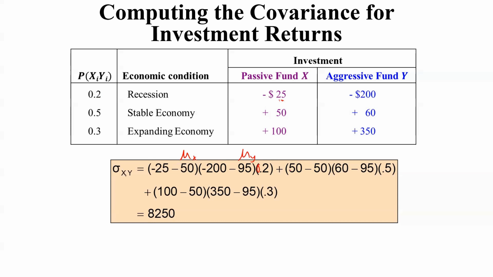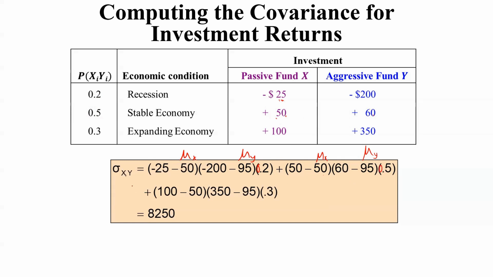Then plus, you do the same thing for 50 minus the expected mean value of X, and 60 minus 95, the expected mean value of Y. Then the corresponding probability of the stable economy is 0.5.